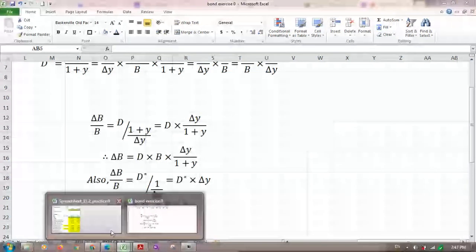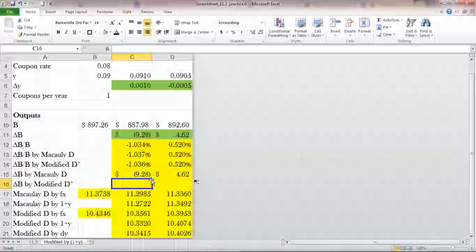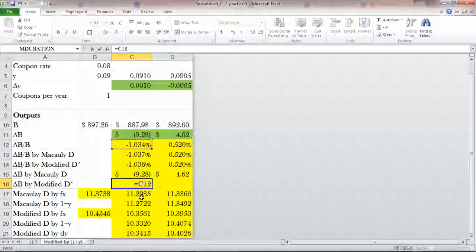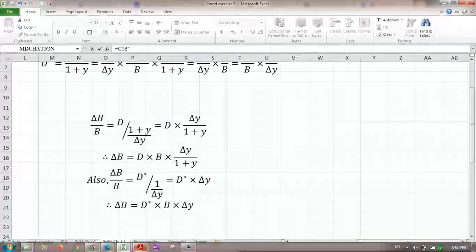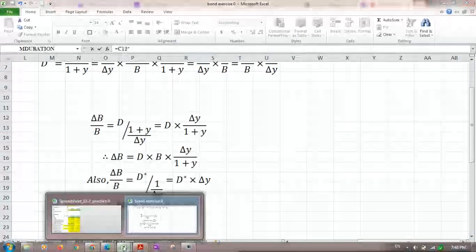So here, percentage change in bond price times, let me just make sure. Yeah, this change by modified duration, right?